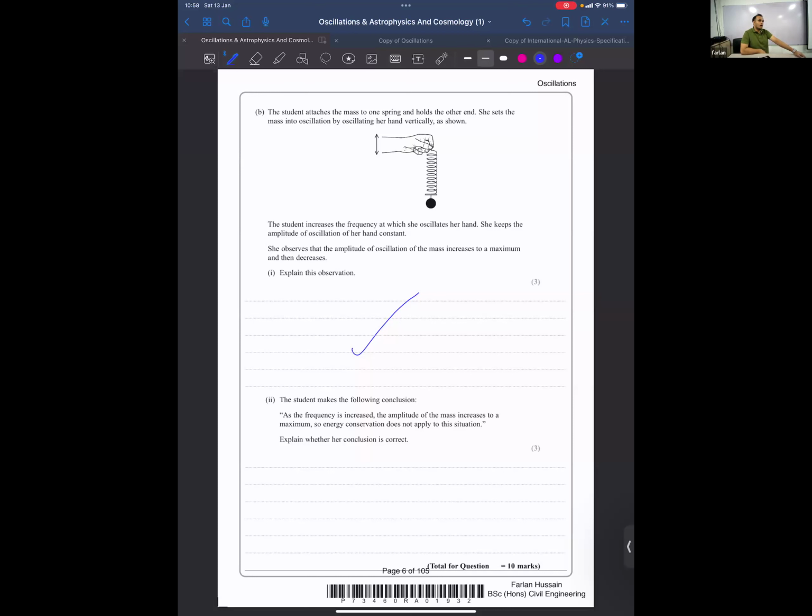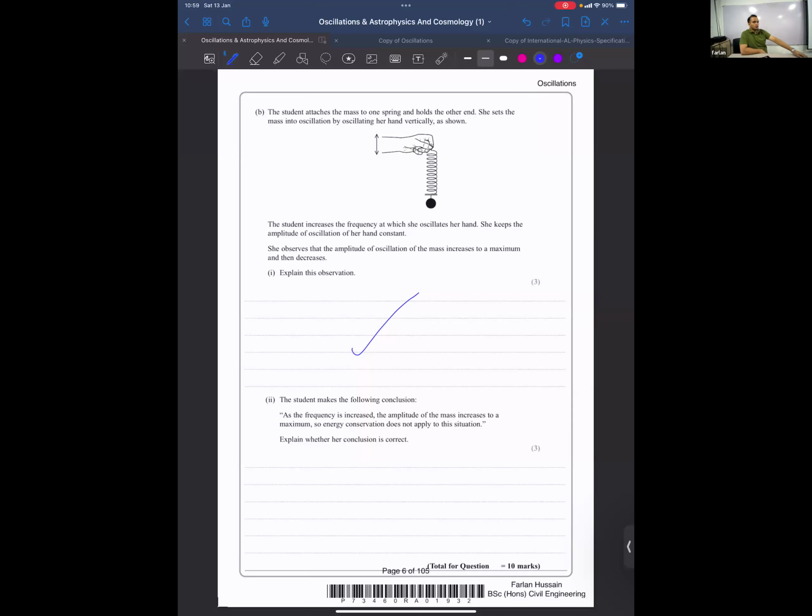For example, at the beginning, the student provides an energy of 100 joules per second. The spring and the mass take 40 joules. The remaining 60 joules goes to the surrounding.